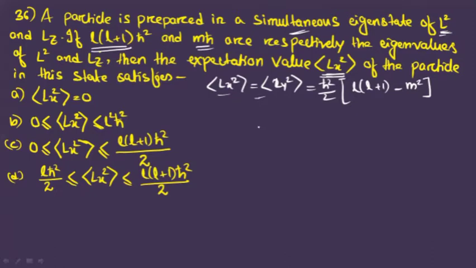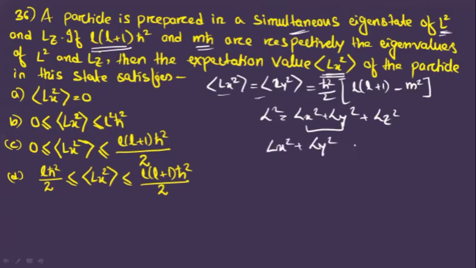So from there you can write, because L square is equal to Lx square plus Ly square plus Lz square. So Lx square plus Ly square is equal to L square minus Lz square. So the expectation value of Lx square plus Ly square, and the expectation value of Lx square is equal to that of Ly square.